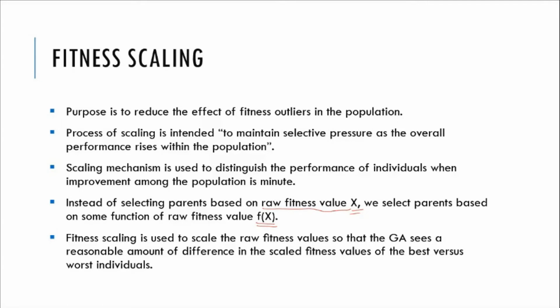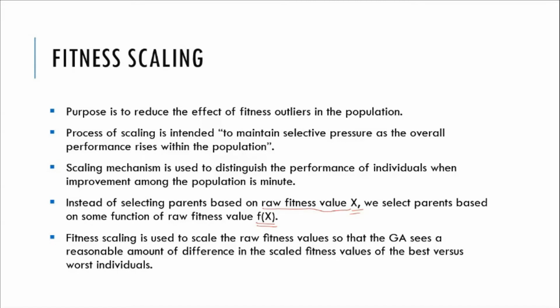But in some cases, when the range of fitness values within a population is very large, the difference between the fitness values of the best fit individual and the worst fit individual will be very large. In the case of a very low range of fitness values within the population, the difference between the best fit and the worst fit will be very low.